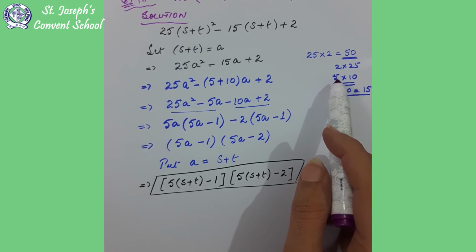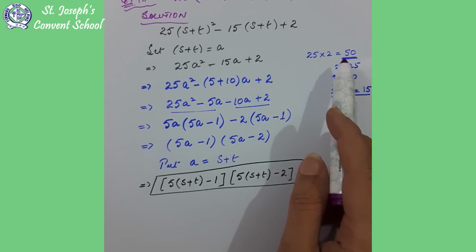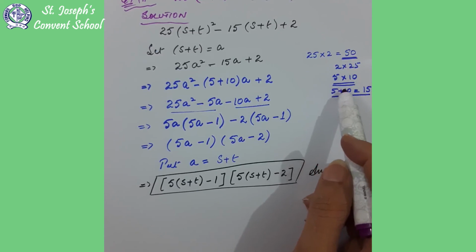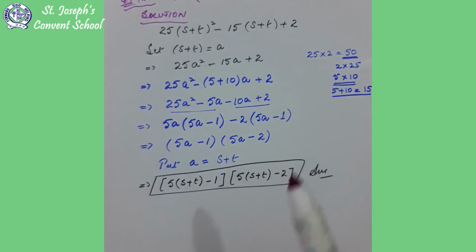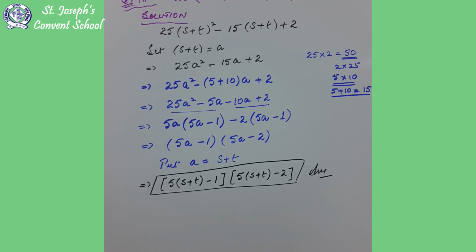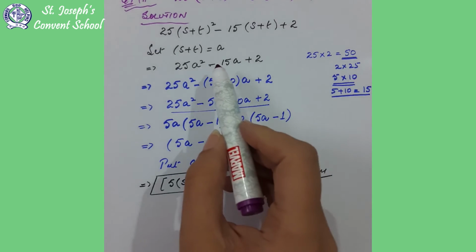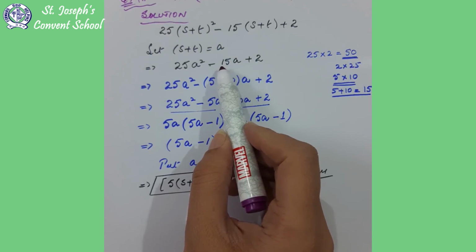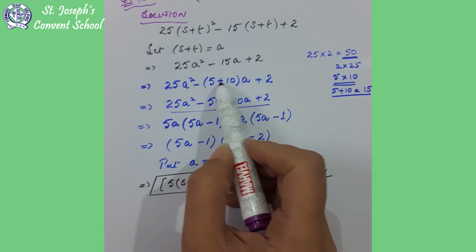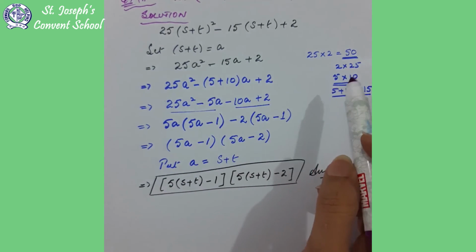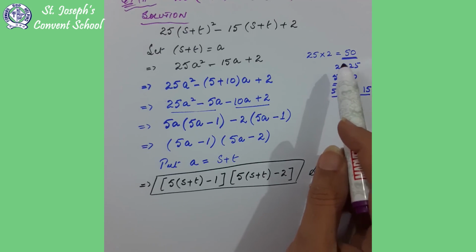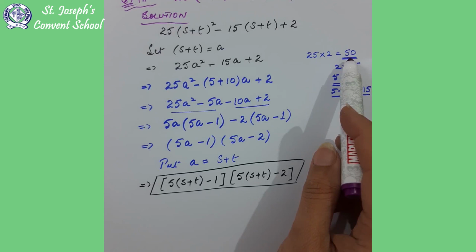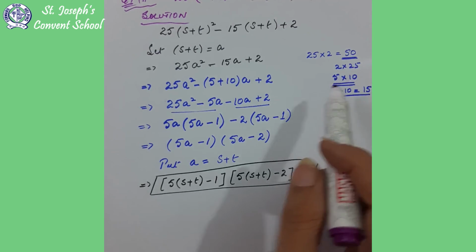When you multiply, you'll get this answer, and when you add or subtract, you'll get the middle term. If you are getting the middle term, it means that the factors are correct. So you have to break the middle term into two factors, and how do you find two factors? You multiply and check in which table this goes.